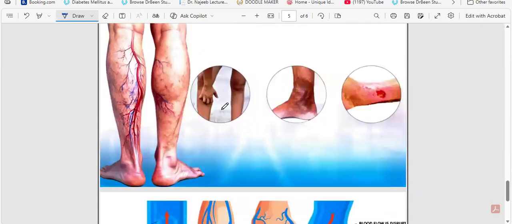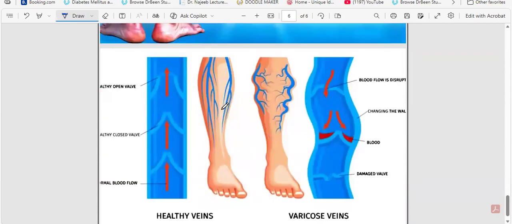So what happens? You can see these valves are present. They prevent the backflow. Whoever are teachers or job holders have to stand for long hours, so gravitational force pulls the blood back towards the legs.